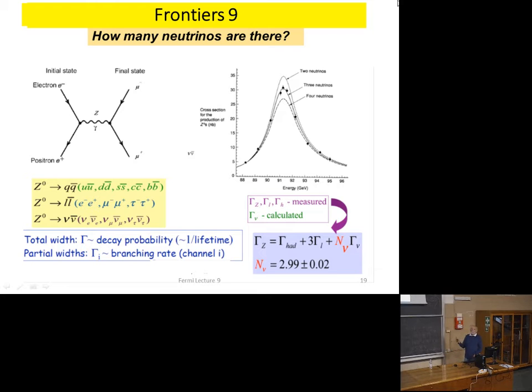Therefore, presumably 3 families, as I showed you, of quarks in nature, which is experimentally shown, not just because we've observed those quarks, but because the interaction of the Z particle itself gives this width. That's almost true completely, but not quite.